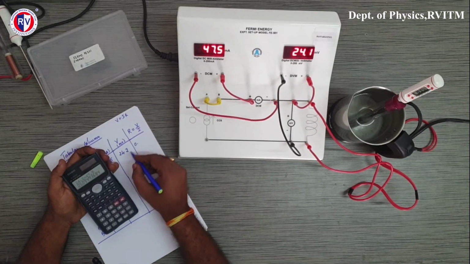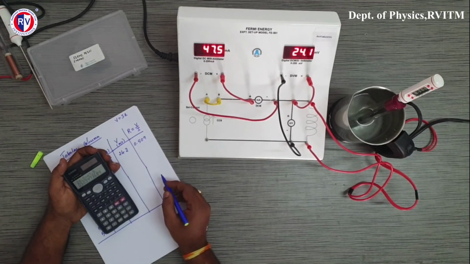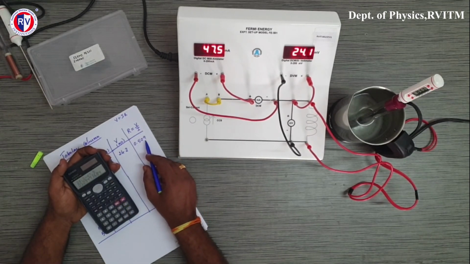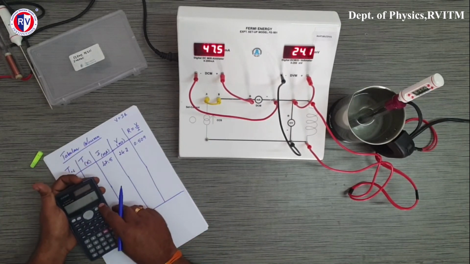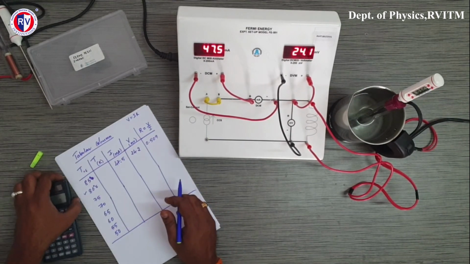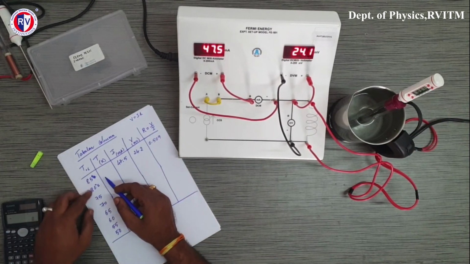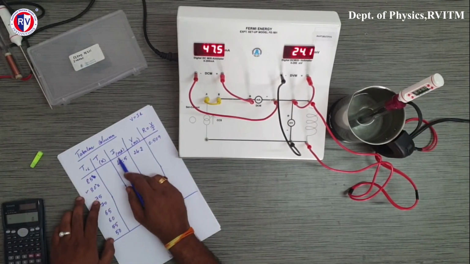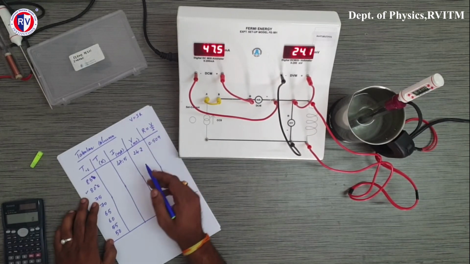So I am going to consider 0.509. Like this, you need to conduct the experiment, and for every 5 degree reduction in the temperature, note down the current and voltage and calculate the resistance value.